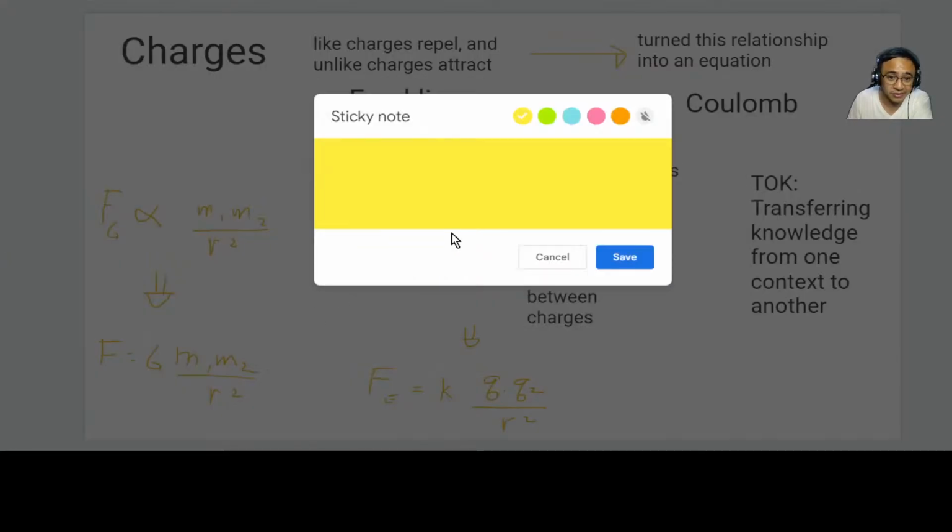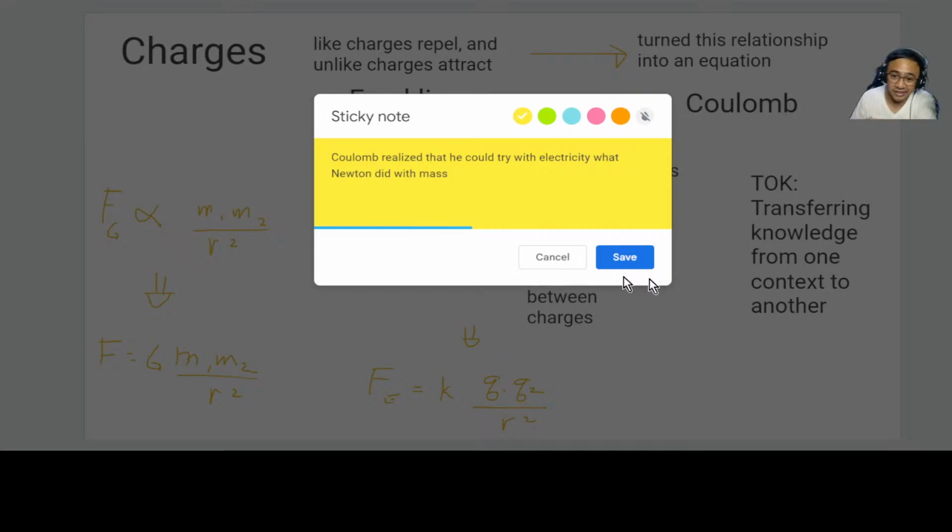The story here is that Coulomb realized that he could try to do something with charges like what Newton did with masses and gravity. Try with electricity what Newton did with mass.